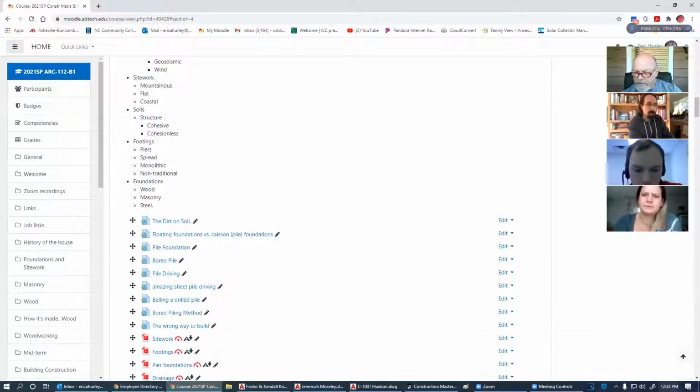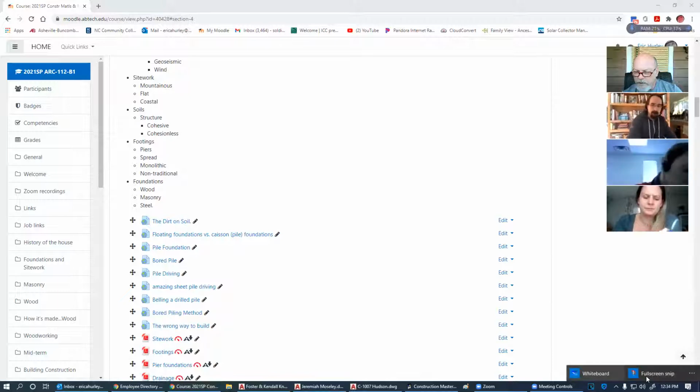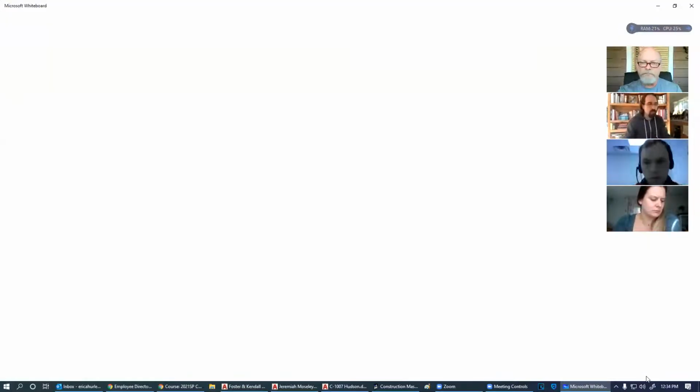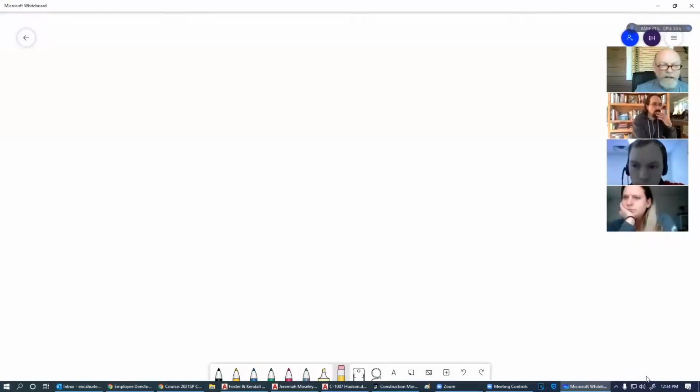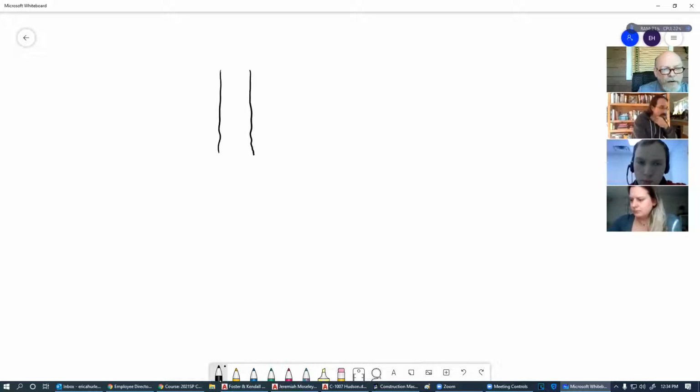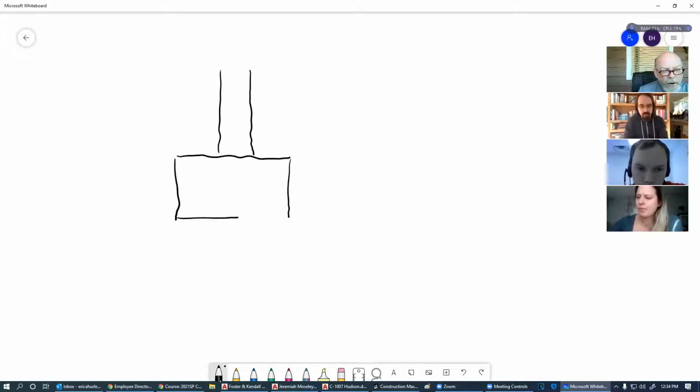So spread footings. I kind of hit on this a little bit the other day, but we have basically our foundation wall coming down, and then we have what we call a spread footing or continuous footing in this case.